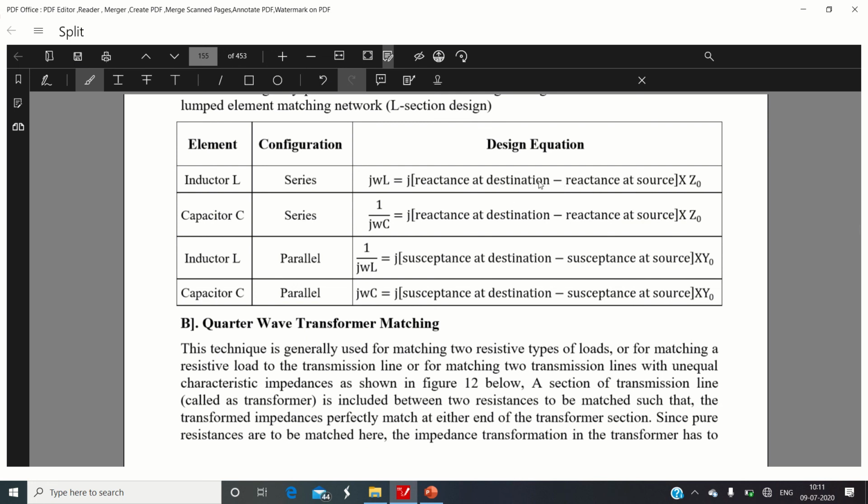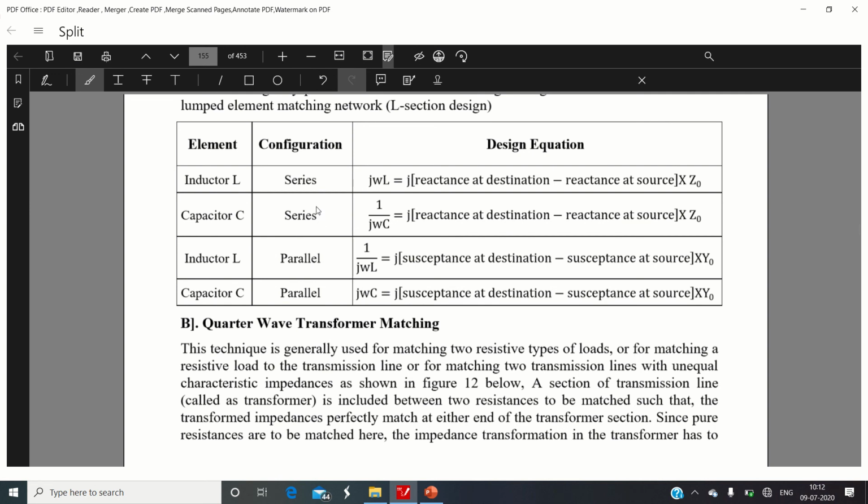For the time being, don't pay attention to what destination and source mean. These are the selection points. Their meaning will be clear when we actually go through the example. I request you to quickly jot down all these four important formulae to calculate the different values of capacitor and inductor in different configurations.